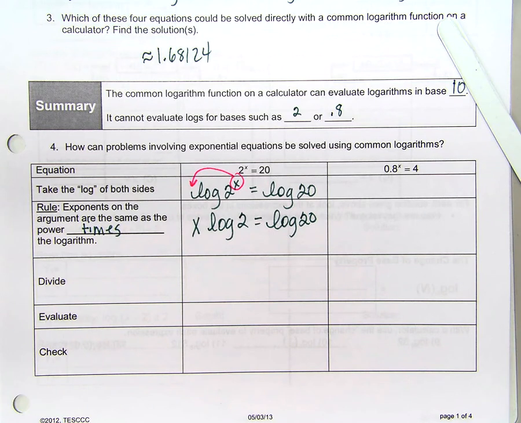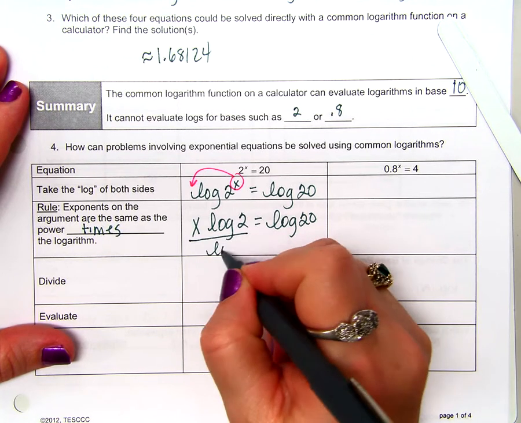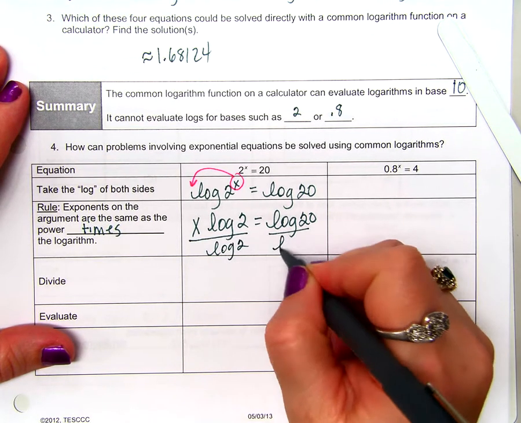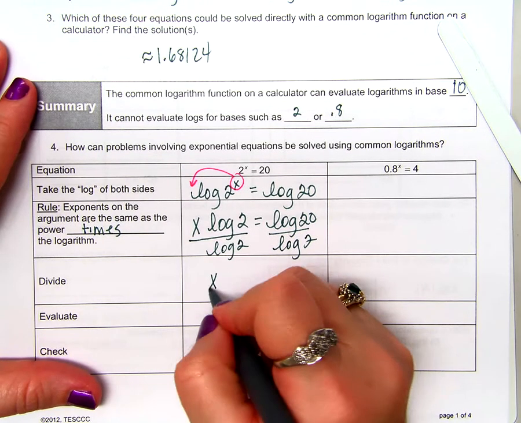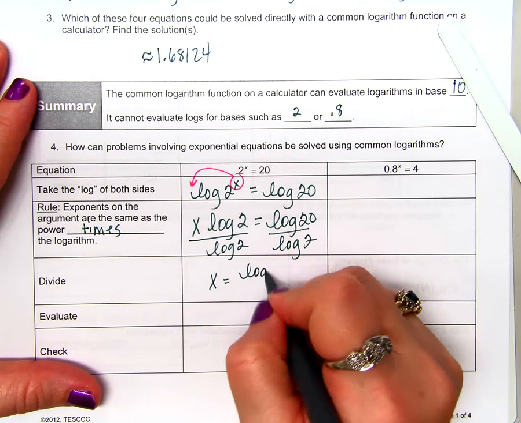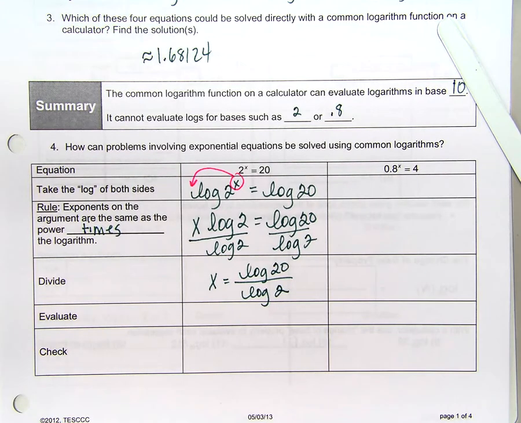So what do I do to solve for x? How do I get it by itself? If I divide both sides by log of 2, careful, I get x equals log of 20 divided by log of 2.